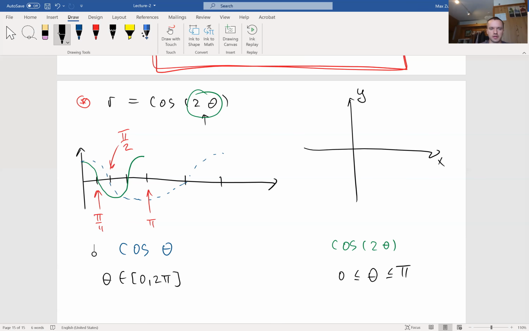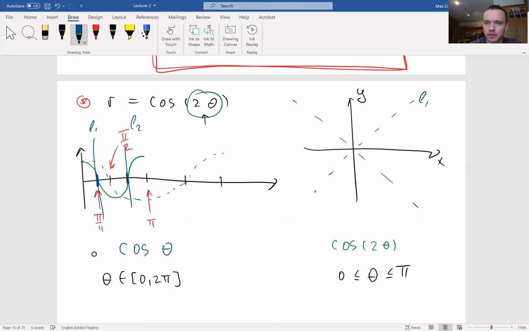Okay, I need to do it carefully. Let's sketch this between pi over 4 and pi. Let's take this segment. Pi over 4 is going to be this line. Then let's call this L1. And this line L2 is going to be here.